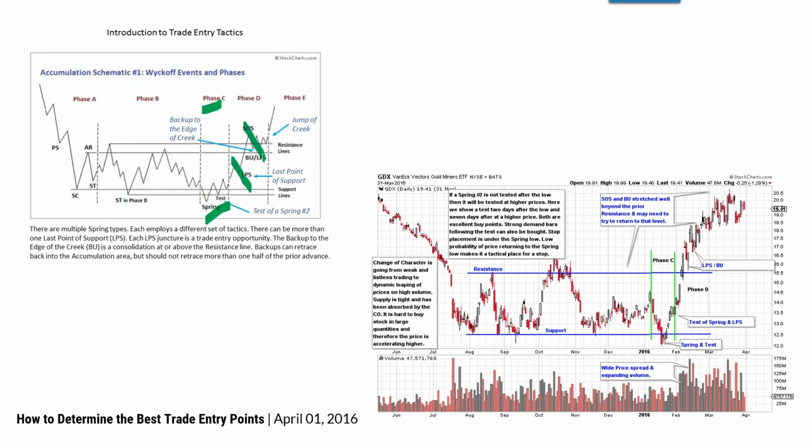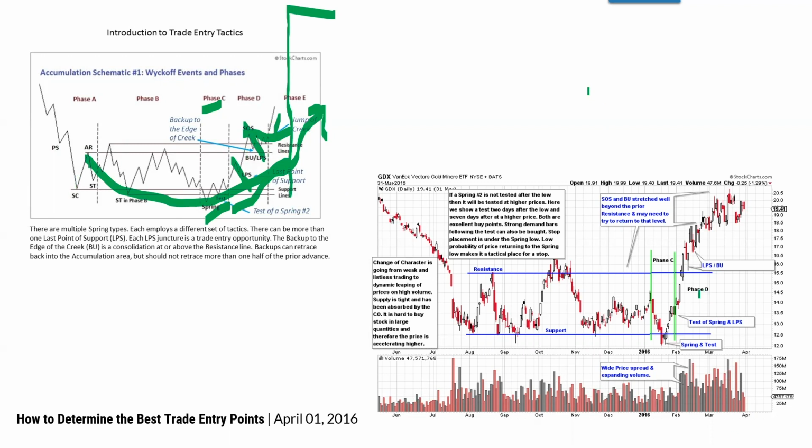Backup in a second LPS is tranche 3, and then the breakout of the sign of strength or the resistance area after the second last point of support becomes tranche 4. So these all become places, and guess what we're doing? We are scaling up a winning trade. We have point and figure analysis that helps us to identify how big the move can be. And so that is a great feature of this.